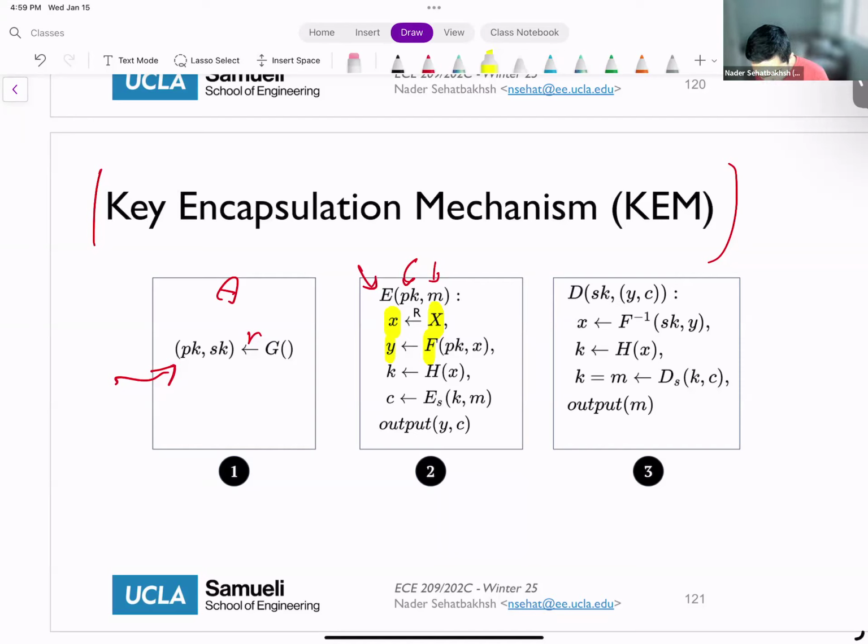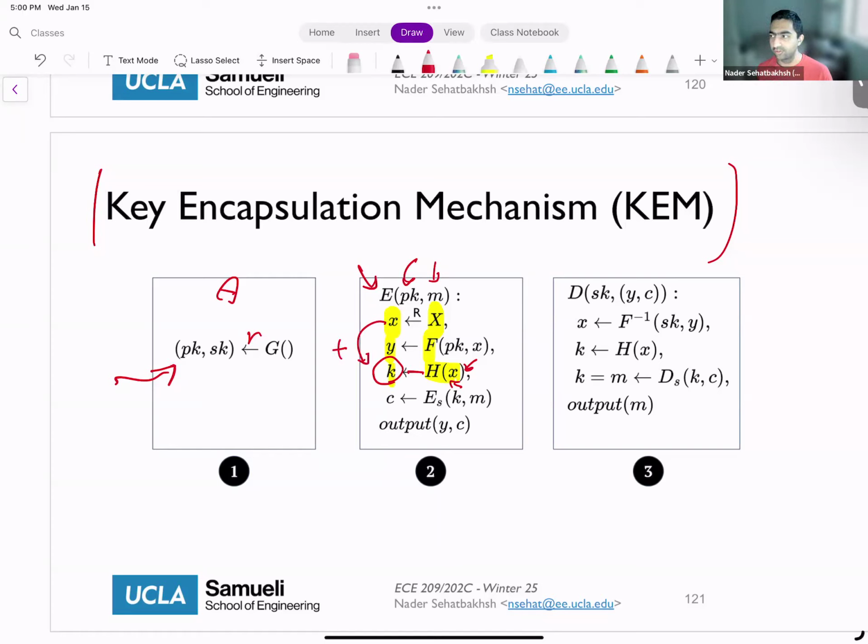Another thing that I'm going to do is that in order to generate k, I'm going to take x and create a hash of that. Later on, I'm going to describe hash. But for now, just know that a hash function is a function that takes an arbitrary size input and generates a smaller size output. I could just directly use x, but typically we don't do that.